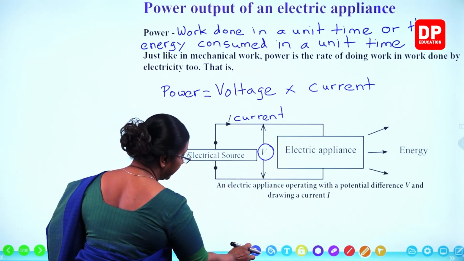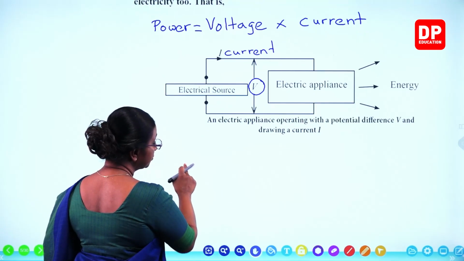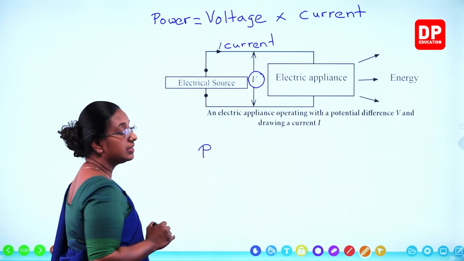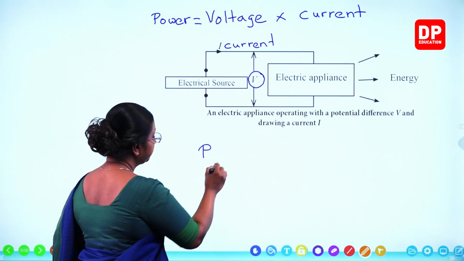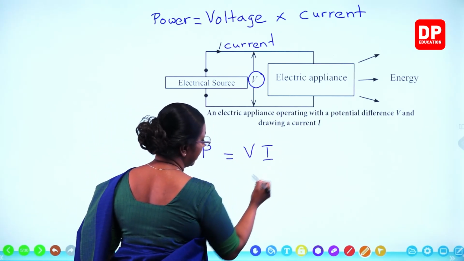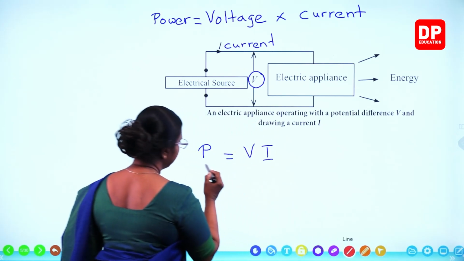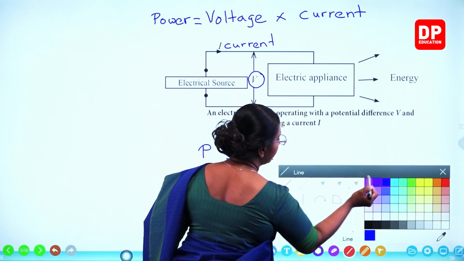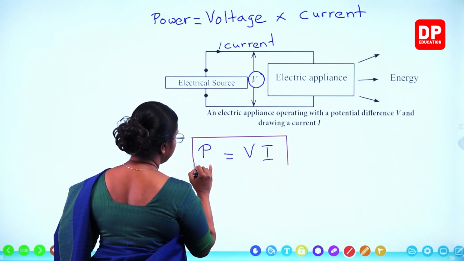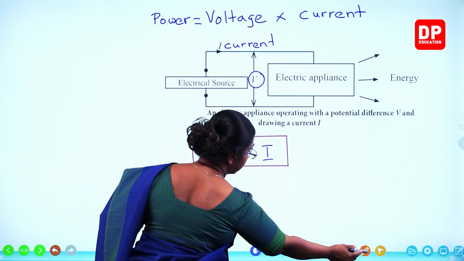I'll be repeating this in the next slide also. If we use symbols, power is given the symbol P, with potential difference V and current I. That is the equation for power. You have to remember this.